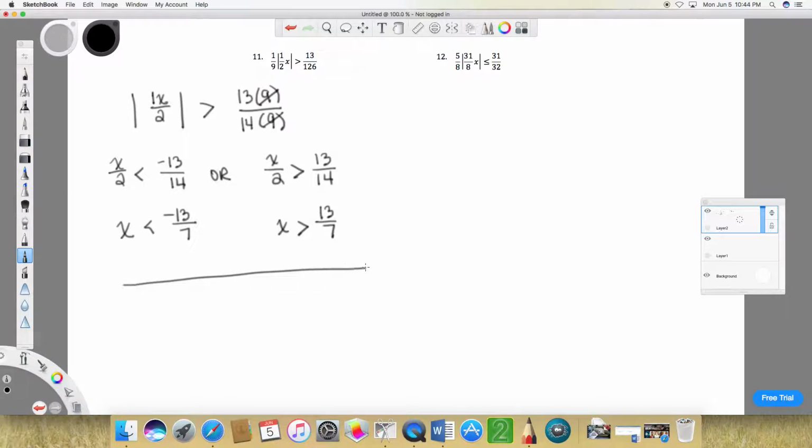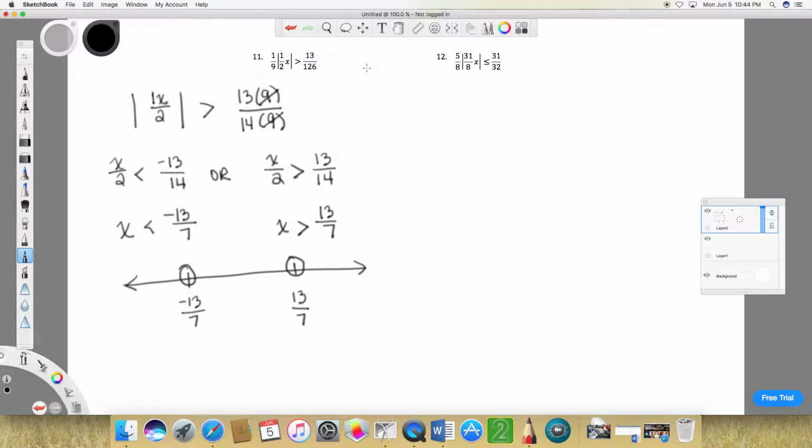And if we sketch that on a number line, we know this is just short of negative 2 because negative 14 divided by 7 would have been negative 2. We needed to determine whether we want to include these critical points, these endpoints, in our solution set or not.